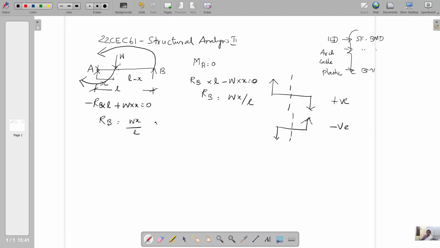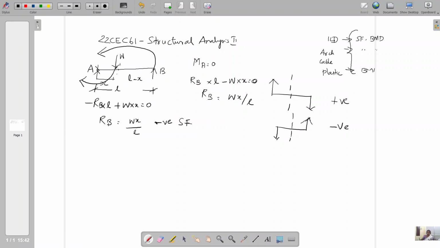That is negative shear force. RB is negative shear force because, while taking a cutting section inside the span, RB is on the right side upward, and we follow right side downward as positive. So RB is opposite to the positive direction, so we make RB a negative shear force.